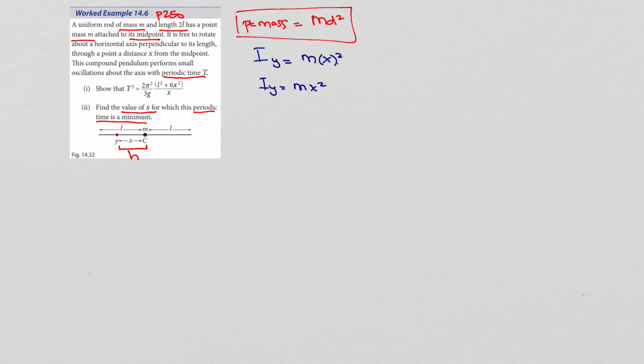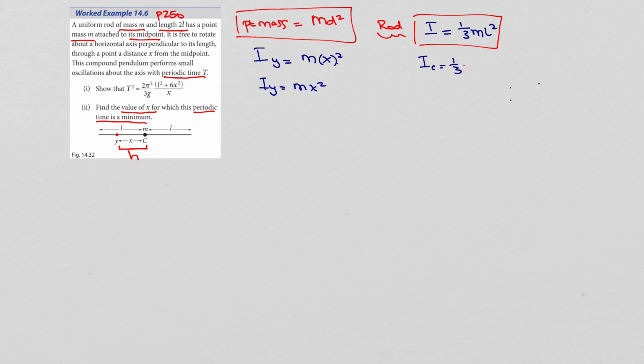If we do the same now for the rod, well, for the rod, the moment of inertia is going to be through its centre, which is a third ml squared. I can't take it from the end because Y isn't at the end of the rod, so we're going to have to go through the centre.